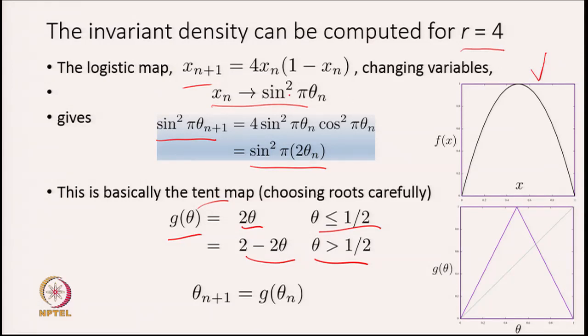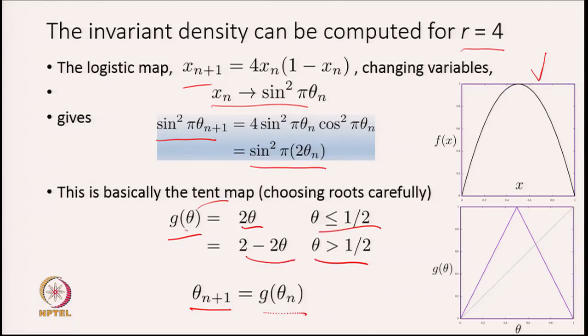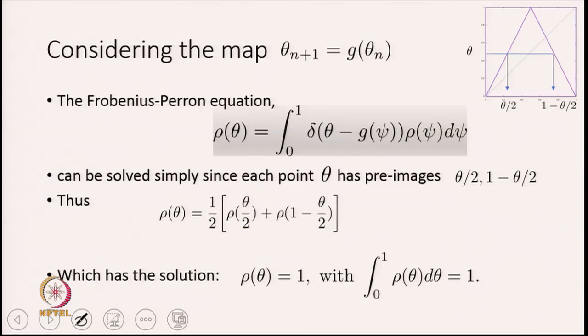Through this transformation, x goes to sine squared pi theta. So, the tent map is theta n plus 1 is g of theta n, where g theta is that function over there. And when you look at this map, the corresponding Frobenius-Perron equation is actually quite simple to solve.